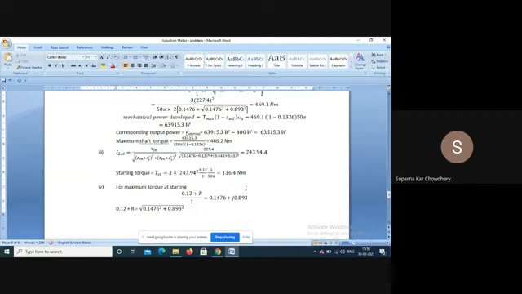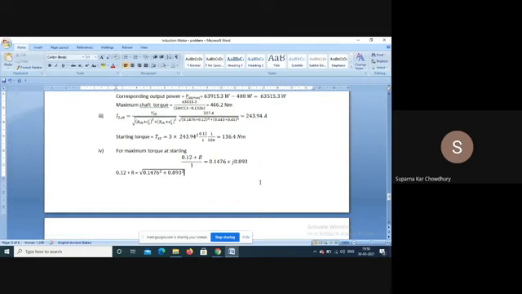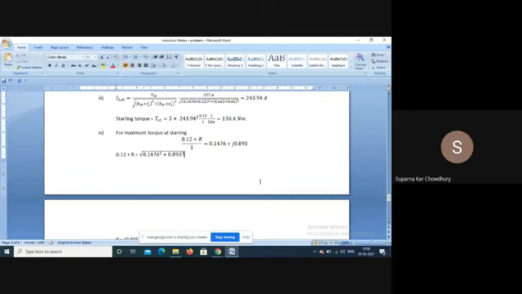Now the last portion is to get the maximum torque. What resistance should be inserted in the circuit to get the maximum torque at starting? The rotor resistance is 0.12, so let us insert a resistance R. So the total rotor circuit resistance is 0.12 plus R. The slip is 1 because the starting slip is 1.